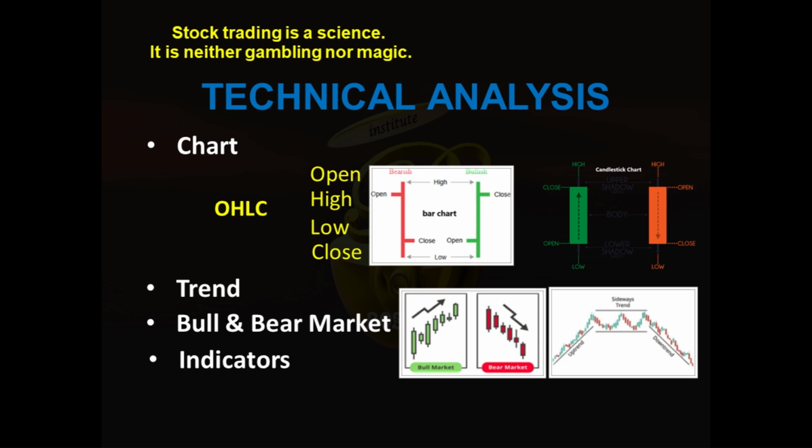A few examples of technical indicators are the Relative Strength Index, RSI, and MACD, or Moving Average Convergence Divergence. These are two very important indicators, and we normally use them frequently in our technical analysis.